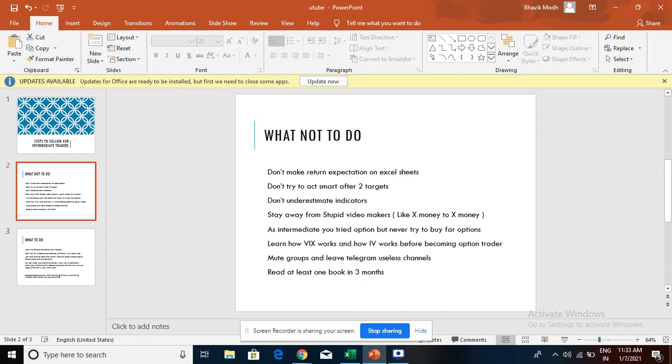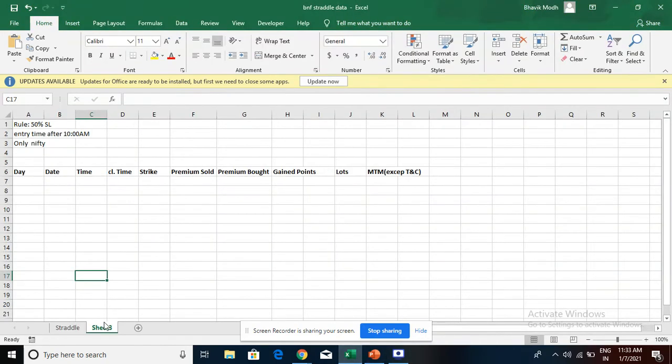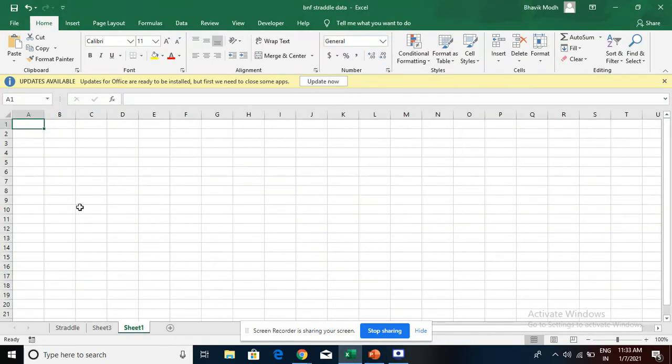So first, don't make expectations on an Excel sheet. I know all of you will start making Excel sheets like this. Okay, stock name, and so on.